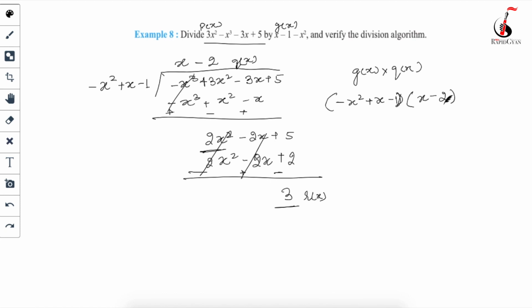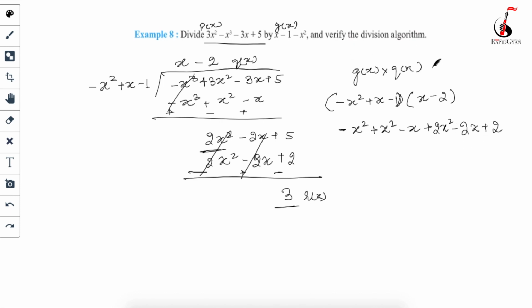So x times minus x square will give you minus x cube, then x into x will be x square, then x into minus 1 will give you minus x, then minus 2 into minus x square is plus 2x square, correct. Minus 2 into x will give you minus 2x, and then minus 2 into minus 1, which is plus 2.